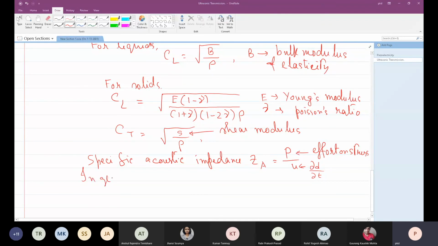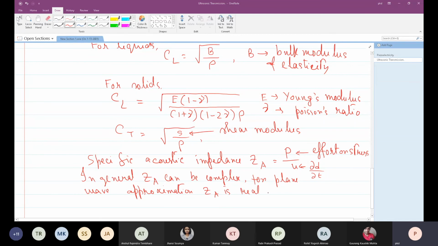In general, Z can be complex. But for the plane wave approximation, this Z is real and equal to density into the velocity.